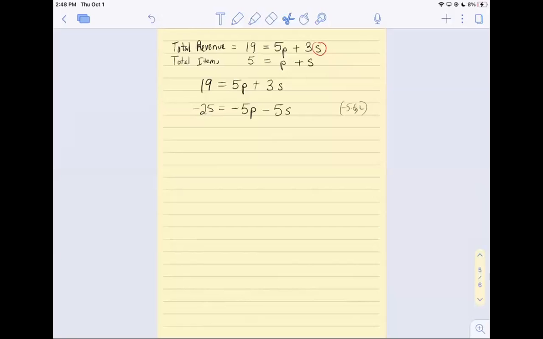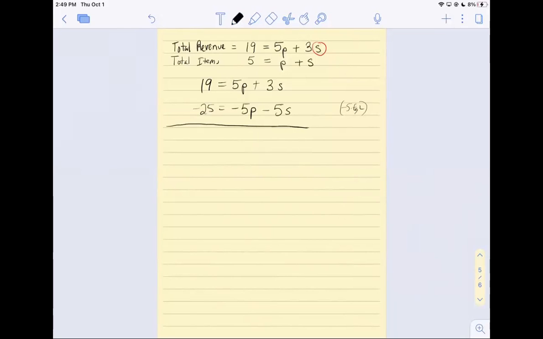Okay, and then from here, what would you do? I just canceled out the 5p on both of the equations and then added the other terms. Exactly, and if you haven't seen it before, it's a little bit weird to add the left sides of two equations and the right sides of two equations.